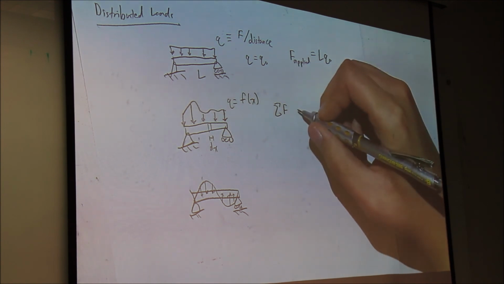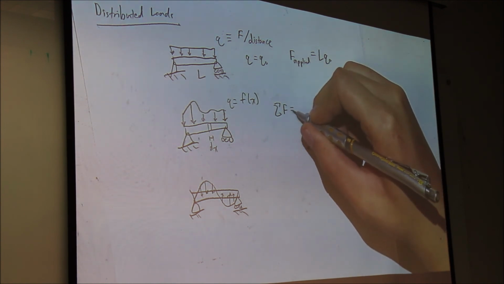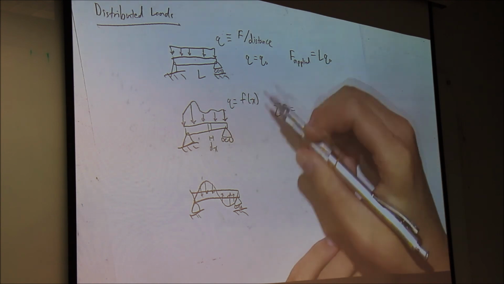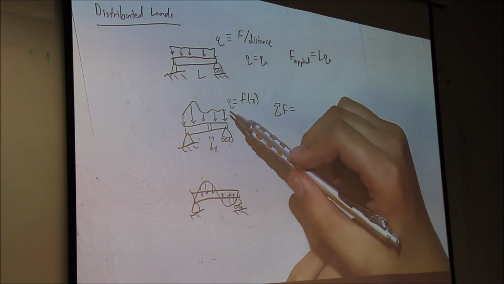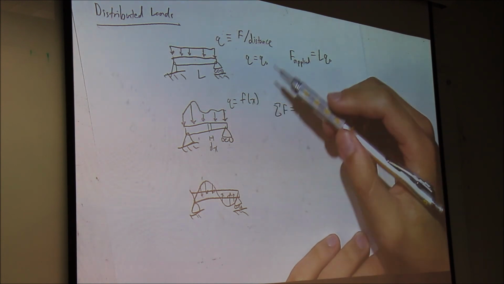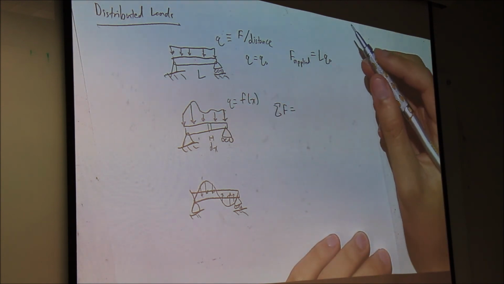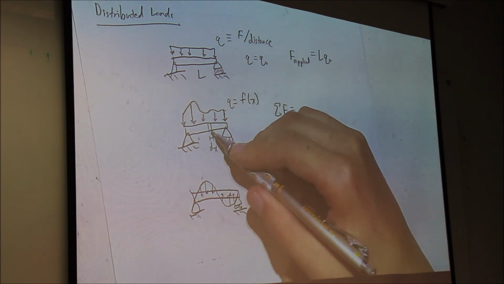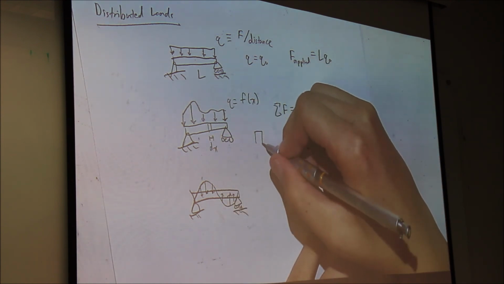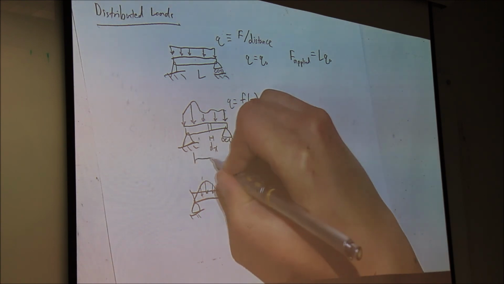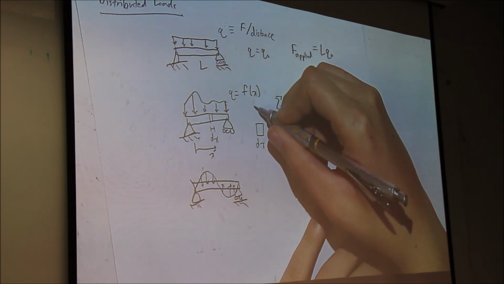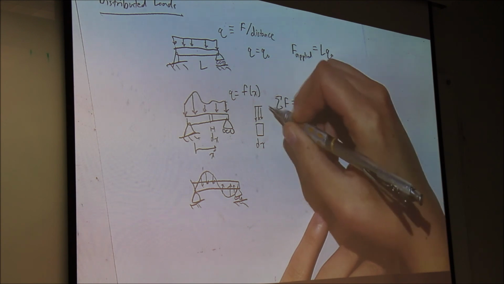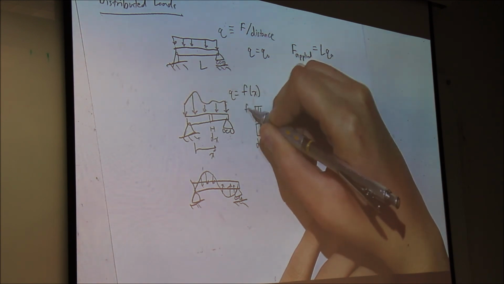This is going to be equal to, at every length x, q, like f of x times dx, right? So if I look at this differential segment dx at some distance x, this is going to generalize to a constant q value, which has a value of f of x.